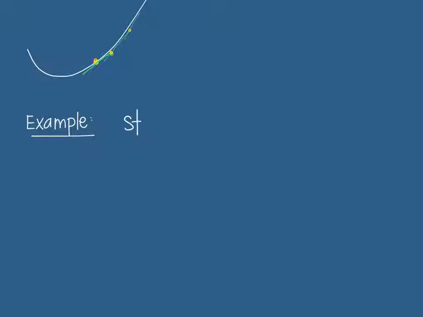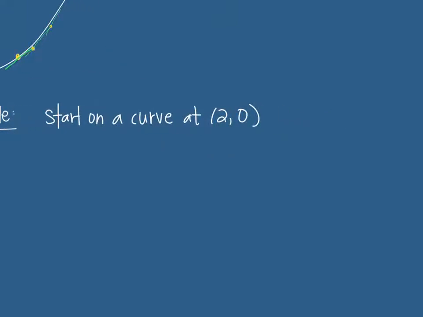All right, start on a curve at (2, 0) with a slope dy/dx equals x plus y.